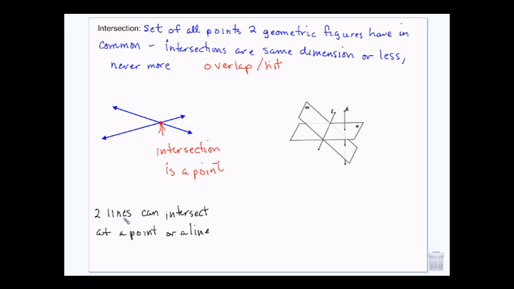The way you would get two lines intersecting at a line is if you had one line and the other line was right on top of it. I can't even draw that. Hold on one sec. Basically, if this was actually two lines, that's how you have an intersection that's a line: two lines perfectly on top of each other.